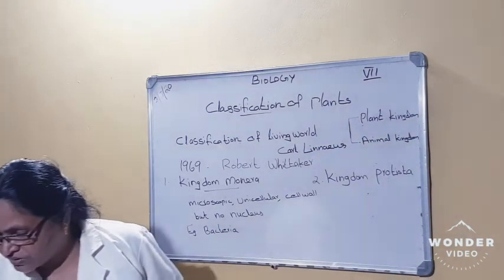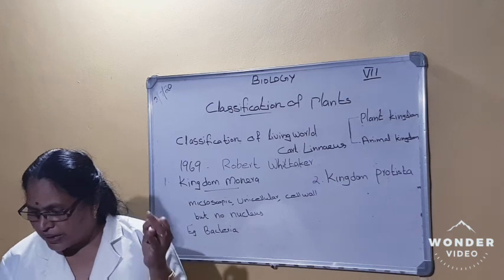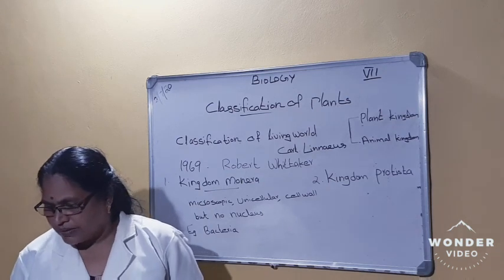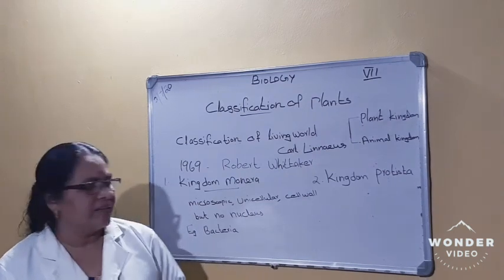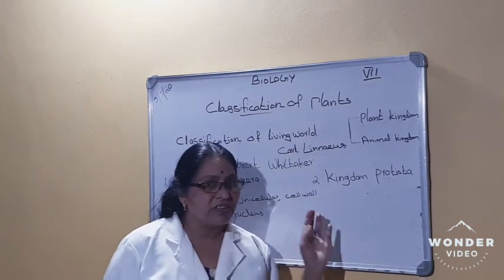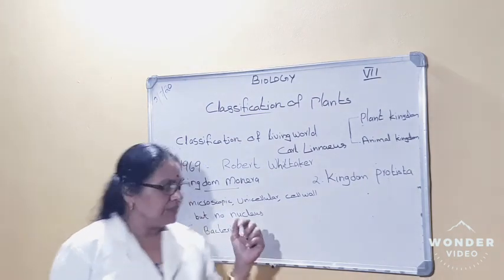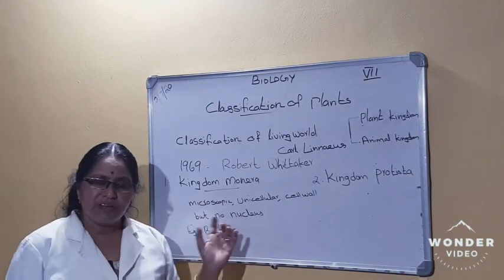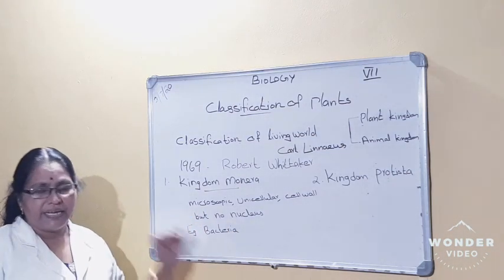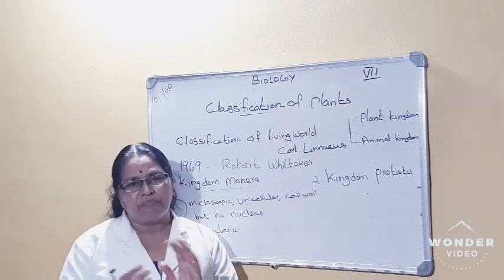Examples of kingdom Protista are Paramecium, Chlamydomonas, Euglena, etc. They include single-celled organisms with a well-developed nucleus. The most important characteristic is the well-developed nucleus. In Monera, genetic material is there, but it is not bounded by a nuclear membrane.